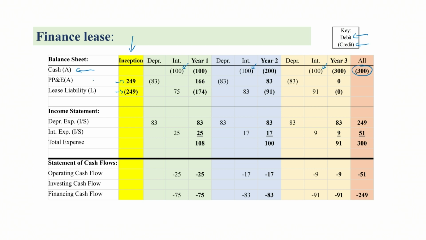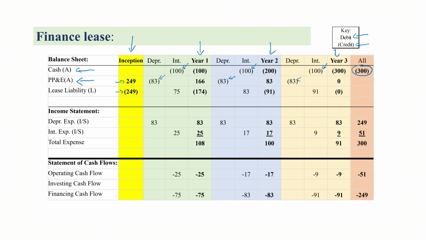Now let's talk about the PP&E account. Remember, we created this PP&E asset to reflect the notion that we had the right to use an airplane for 3 years. What we did with this asset is we straight line depreciated it to 0 over 3 years. So we recorded $83 of accumulated depreciation each year. And so here, these columns show you the balance after each year.